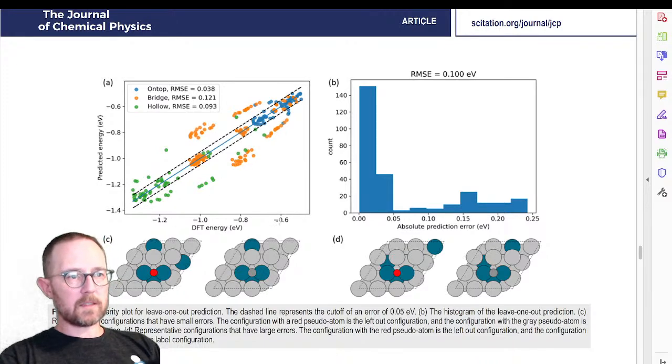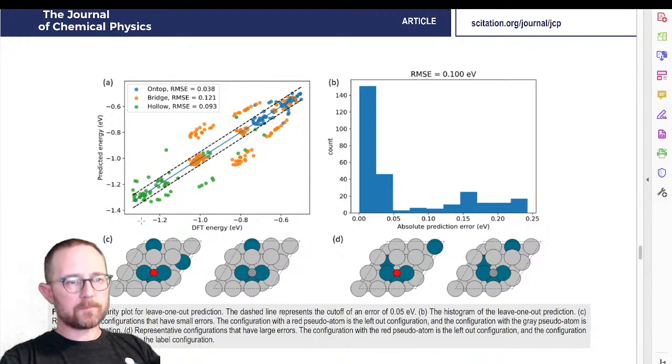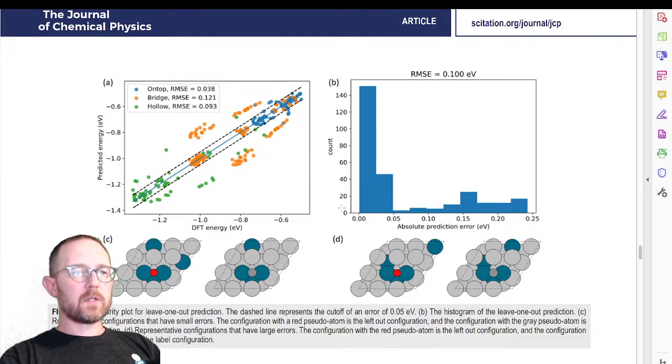So minus half an eV to minus 1 eV, they're all negative, and we're not getting the wrong signs anywhere. And most of the errors, it turns out, are fairly small. So this is what we have. The only alternative we have to this is to actually calculate all of them, and we don't have the DFT resources to be doing that, so we use this kind of simplified model that will allow us to proceed.